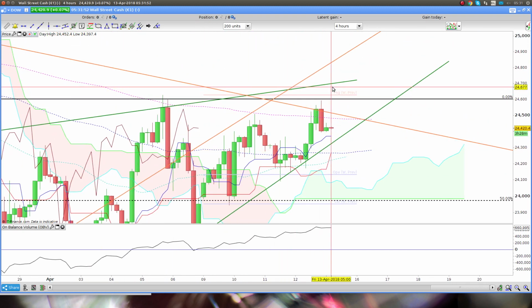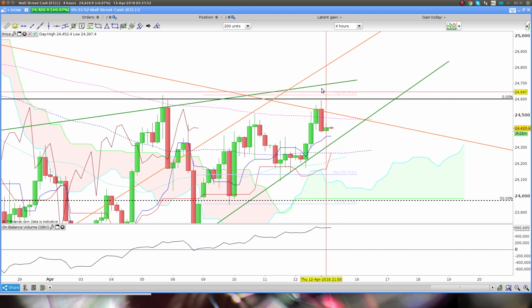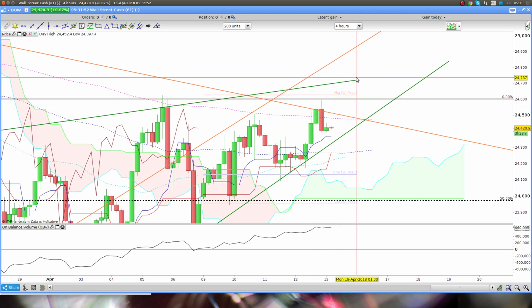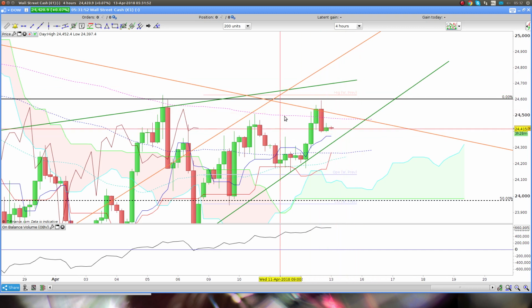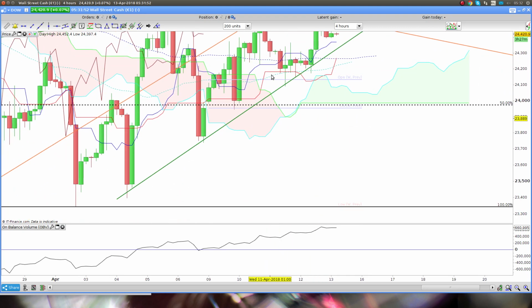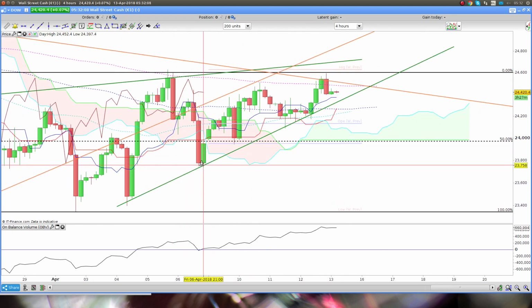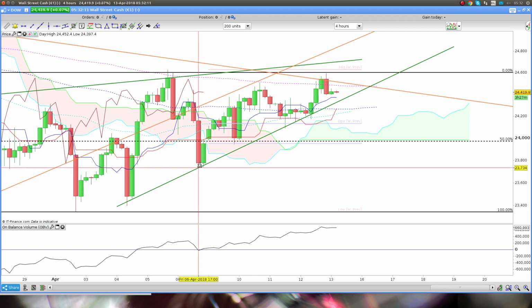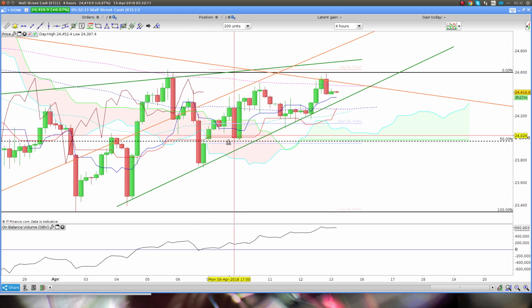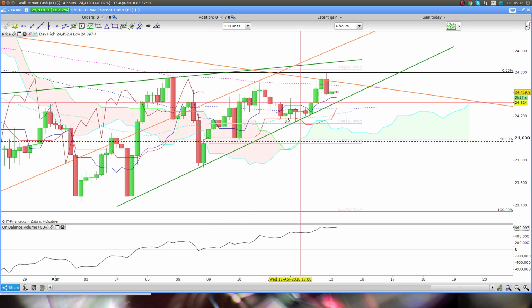So ideally we're looking for another higher high for a move to the upside. I'm still fairly bullish on the basis of the range. You can see how we came back to the 61.8% Fibonacci of the range, which is here. We then tested 50, and so we're moving up.